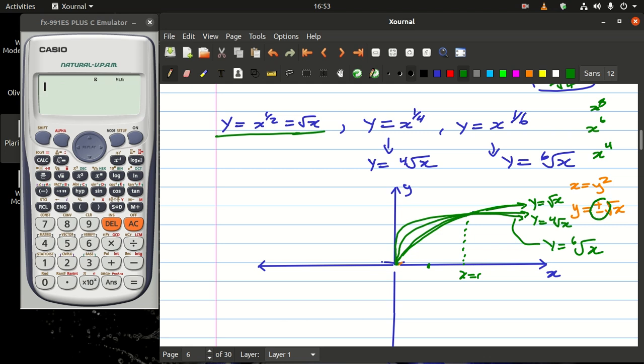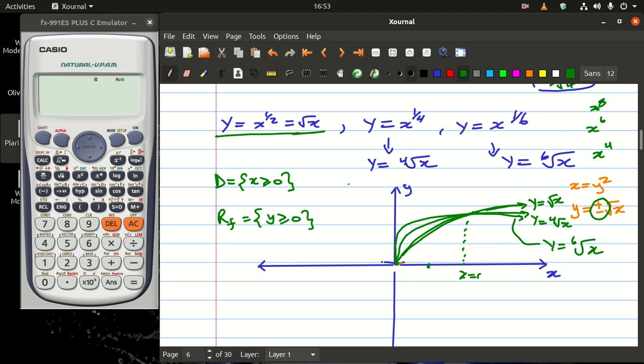We don't want an input value to have too many outputs. We want it to have one output. So in that case, we end up having only a slice of the original domain as the range for this one. So the domain of this is going to be x is greater than or equal to 0, and the range of this thing is going to be y is greater than or equal to 0.